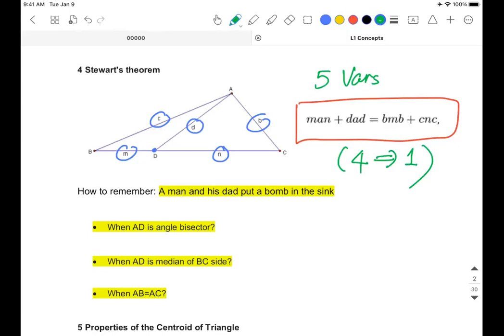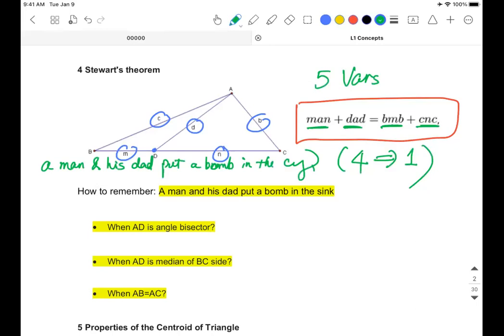Okay, so how do we remember this? We have a shortcut. You can remember: a man and his dad put a bomb in the sink. A man and his dad, put a bomb in the sink.